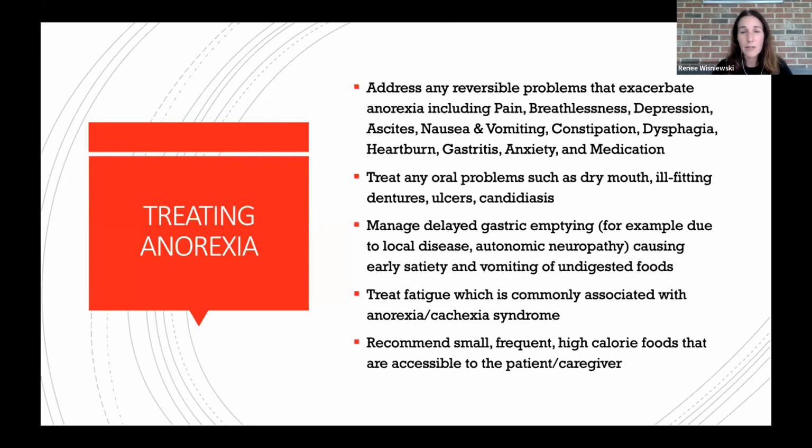I always look inside a patient's mouth just to see what's going on in there, if there's anything that's causing them not to be able to eat. Manage delayed gastric emptying, for example, due to local disease or autonomic neuropathy that's causing early satiety and vomiting of undigested foods.